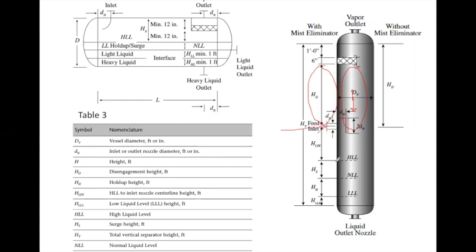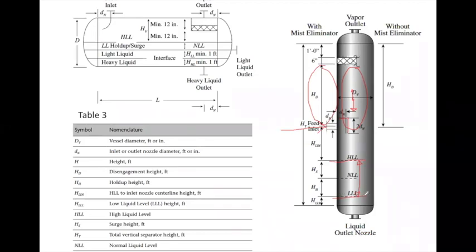And you see that we always have to maintain the higher liquid level and lower liquid level, right? The difference between the higher liquid level and lower liquid level is called surge capacity, right?